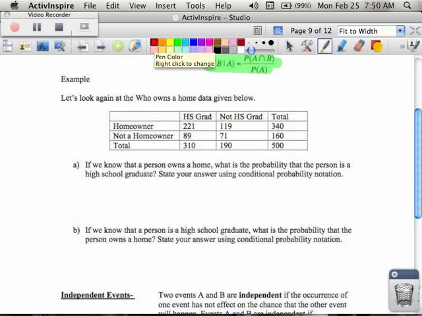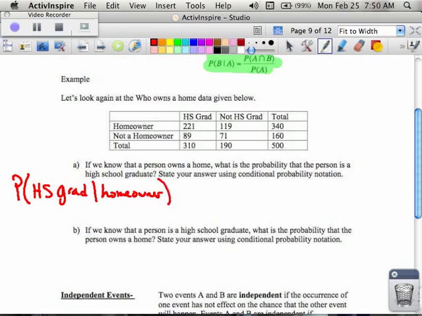And so when you write this down, we're looking for the probability that we are a high school grad, given that they are a homeowner. And in this case, we know that the intersection of A and B, so the intersection of the high school grad and homeowner, is the 221.